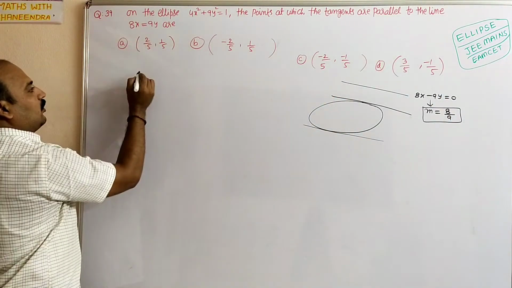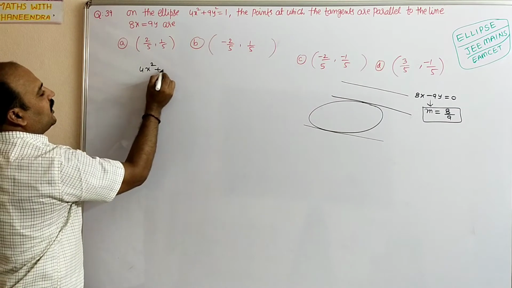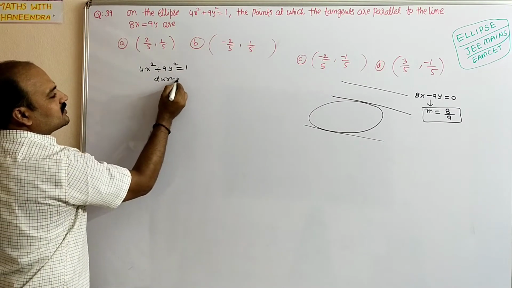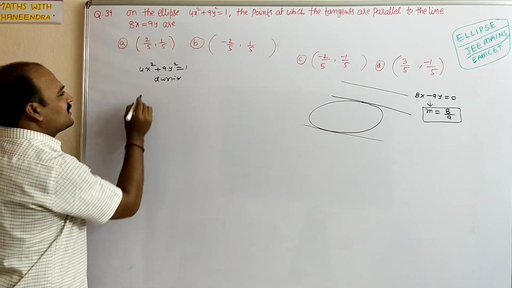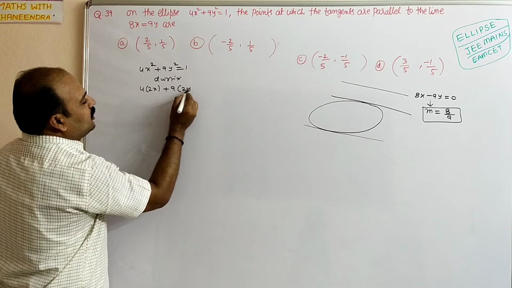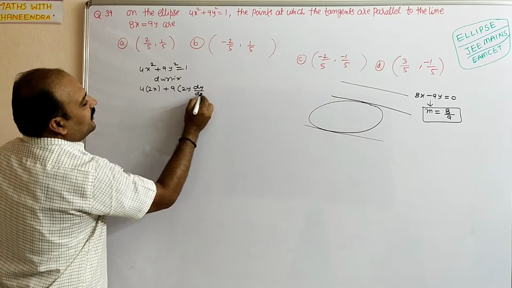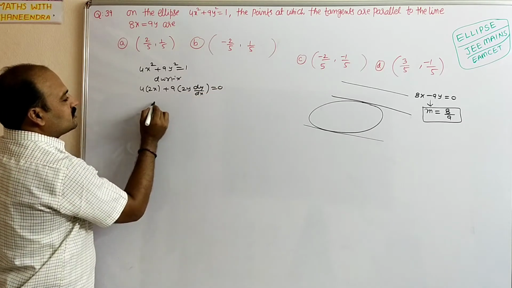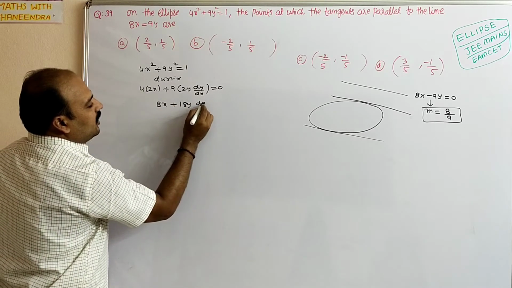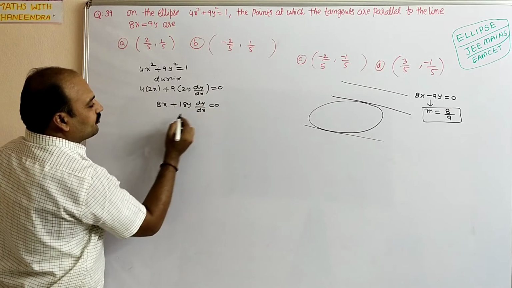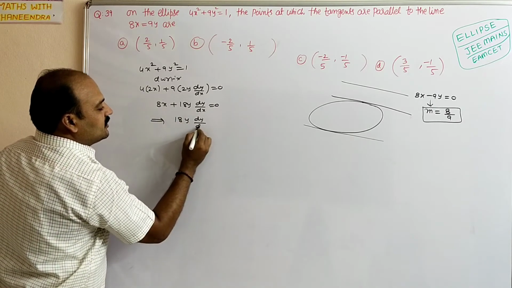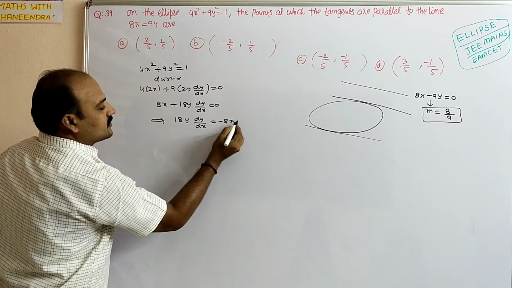Slope of the curve 4x square plus 9y square equal to 1. Differentiate with respect to x, the slope will come now. 4 into 2x plus 9 into 2y into dy by dx is equal to 0. So 8x plus 18y into dy by dx equal to 0. That implies 18y into dy by dx is equal to minus 8x.